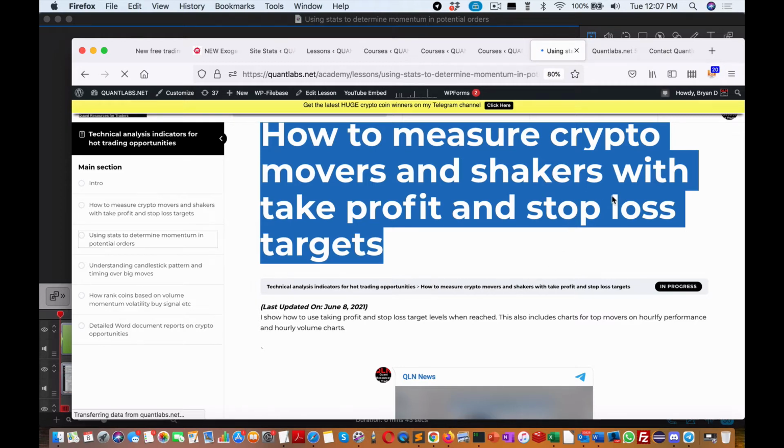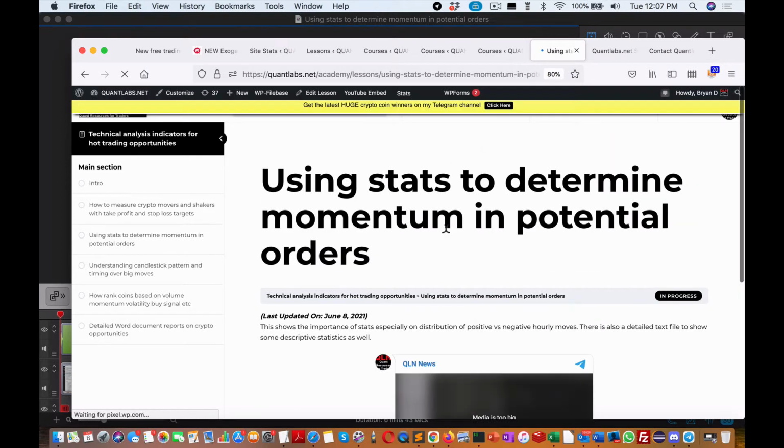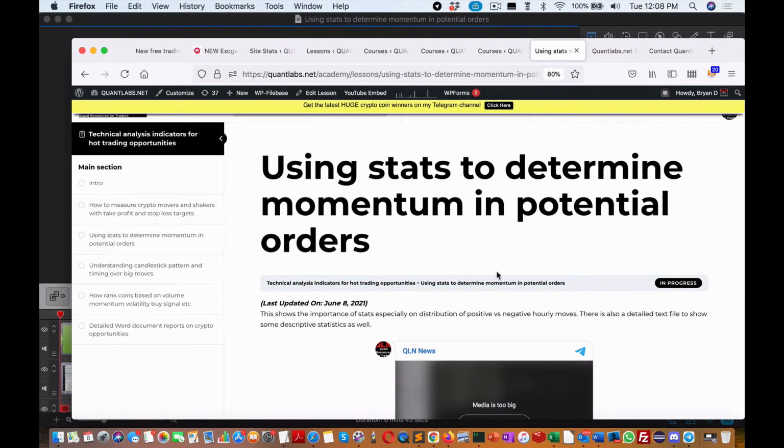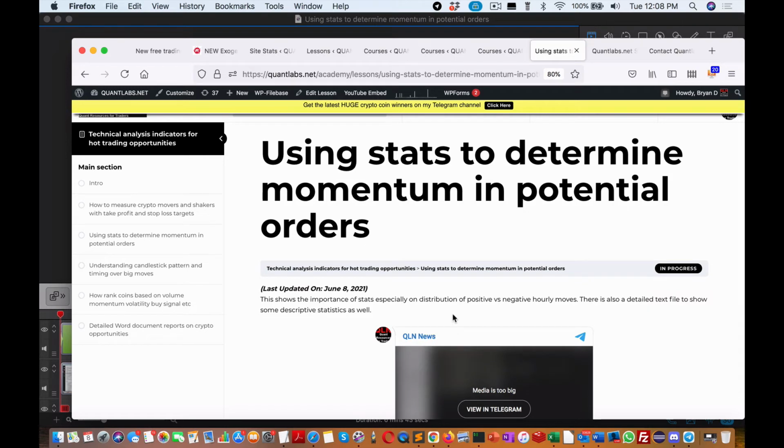Next topic we cover is statistics to determine momentum in potential orders. This is very important because a lot of the coins out there revolve around the big daddy that you most likely know about. Based around that, you'll get some that will have a negative trend, other ones that will have a positive trend.